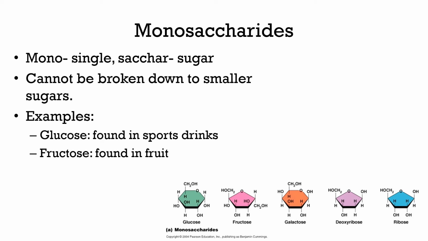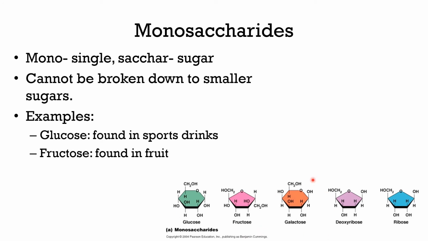Fructose is another monosaccharide, which is found in fruit. So when you're eating any type of fruit, you're most likely eating fructose. Fructose and glucose are the two that we saw earlier, where they both are C6H12O6, but they have slightly different structures. You can see glucose right here, and here's fructose.